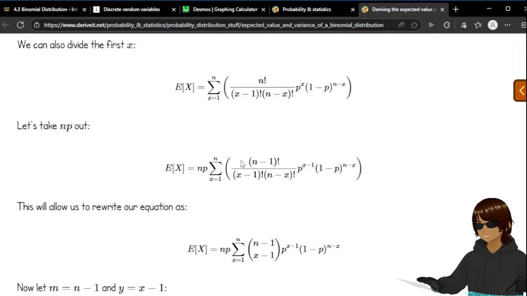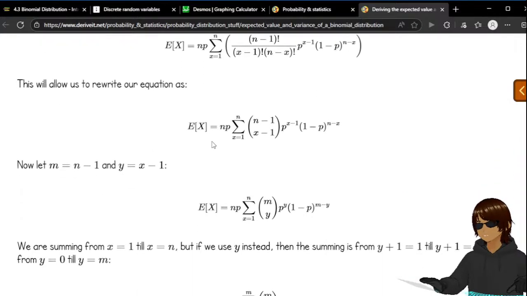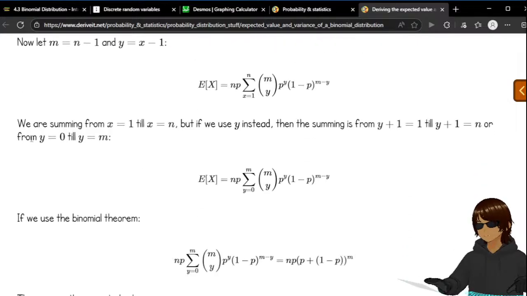So np, and then this becomes n minus 1, and this becomes p to the power of x minus 1. This allows us to rewrite our equation. Let m be n minus 1 and y be x minus 1. We are summing from x equal 1 till n, but if we use y instead, then we are summing from 0 till m.